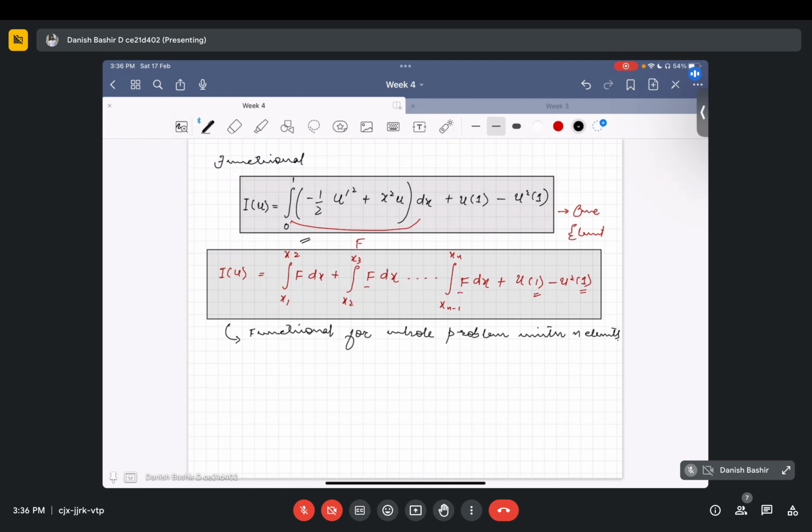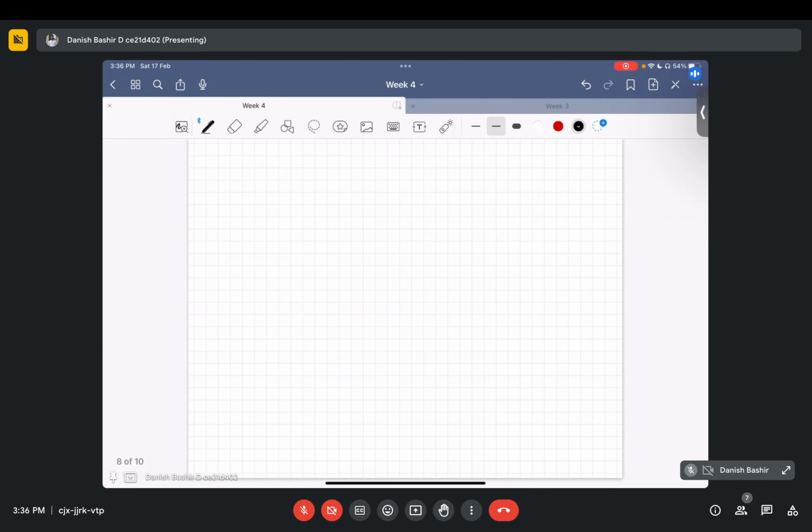So let us solve the same differential equation by choosing different numbers of elements. Let us see if we choose only one element. First will be the one element solution.